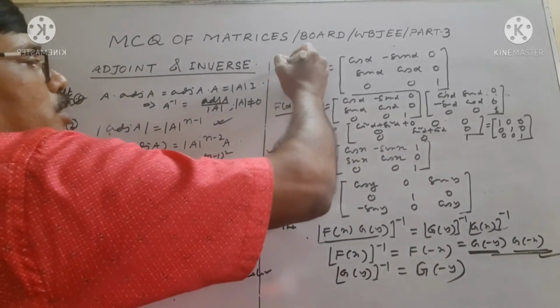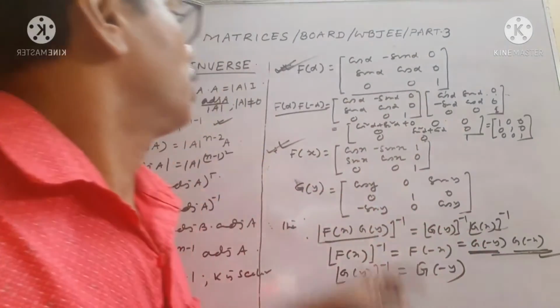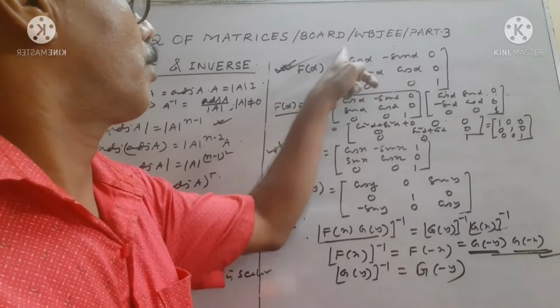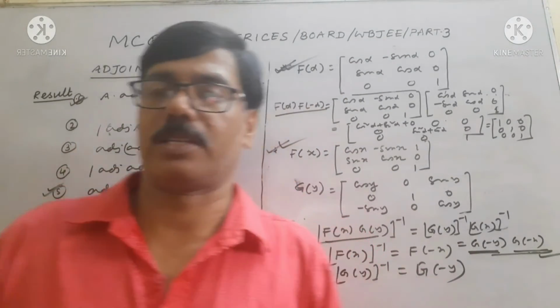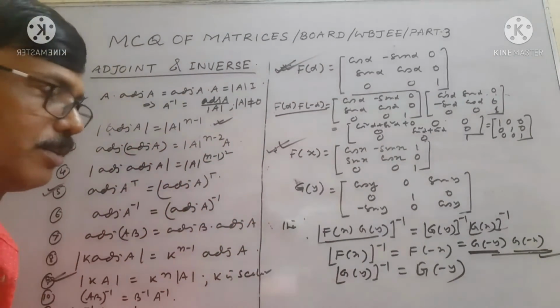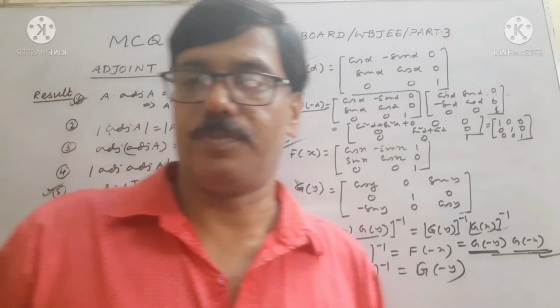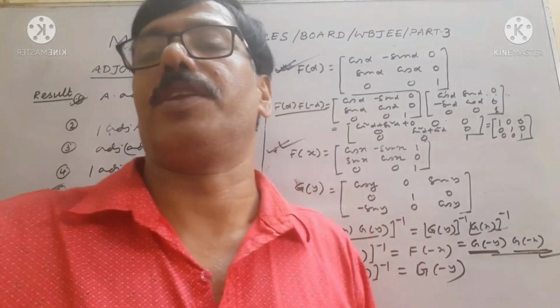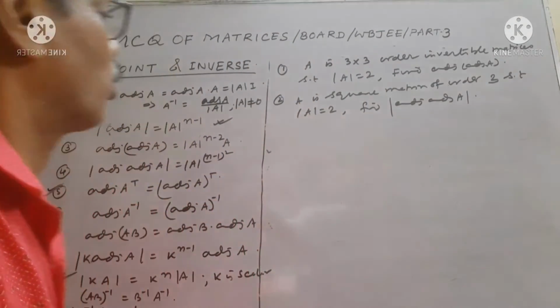This result is a most important result. So this is F alpha. F of minus alpha you calculate. So F alpha into F of minus alpha equals I using this result. This is a most important problem. Try to recall it.